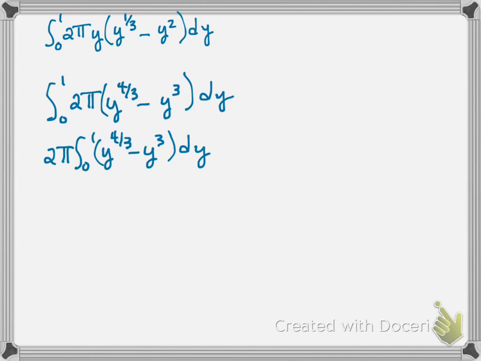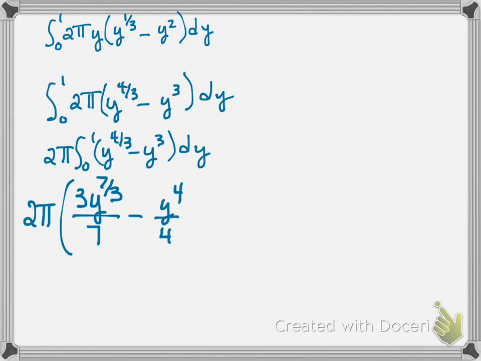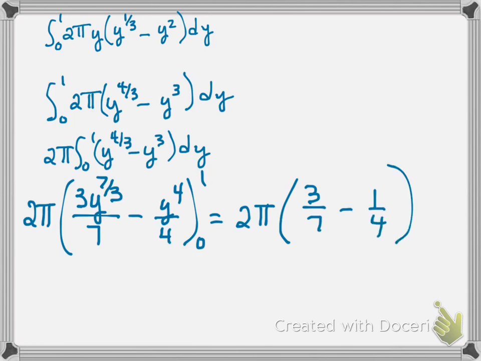All right, so y to the 4/3 plus 3/3 would be y to the 7/3 divided by 7/3. When I flip and multiply, would become a 3/7. And then y to the 4th over 4, plugging in a 0 to a 1. So when I plug in the 1, I get 3/7 minus 1/4. Plugging in 0 would give you 0.